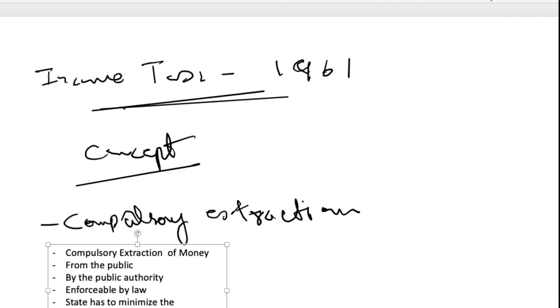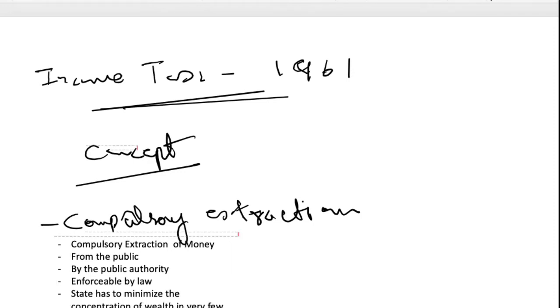So this is the concept of taxation. Tax is a compulsory extraction of money from the public by the public authority, enforceable by law, and the state has to minimize the concentration of wealth in the hands of very few people and redistribute it for the common good.